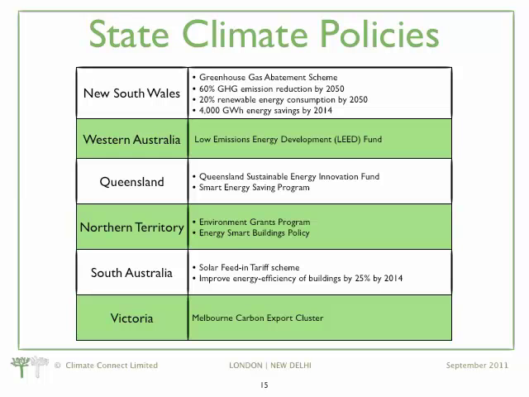In South Australia, the government has announced solar feed-in tariff scheme and plans to improve its energy efficiency in buildings by 25% by 2040. In Victoria, industries have formed the Melbourne Carbon Export Cluster.